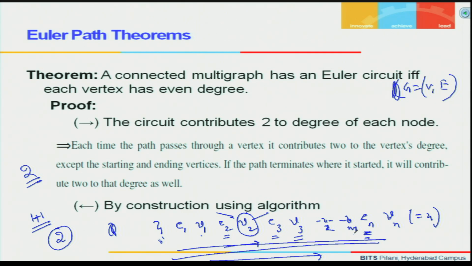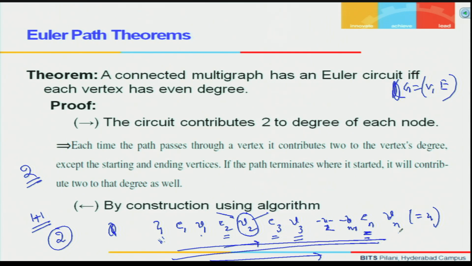So the degree of any vertex will be even, because whenever it is appearing in the path, it is contributing 2 to its degree. Hence all vertices will be having even degree. Of course, U is having even degree, and all the vertices in between are also having even degree, because whenever a vertex appears in the path, it is contributing 2 to its degree.